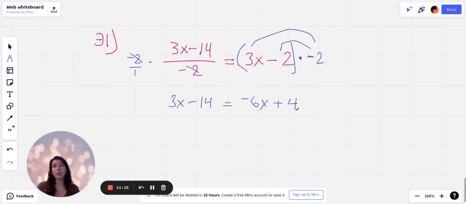Now this should look like the rest of the homework that we did in 3.5. I'm going to first, let's see, what should I do? Maybe I'll add 14 to both sides. So then on this side, I've got 3x.